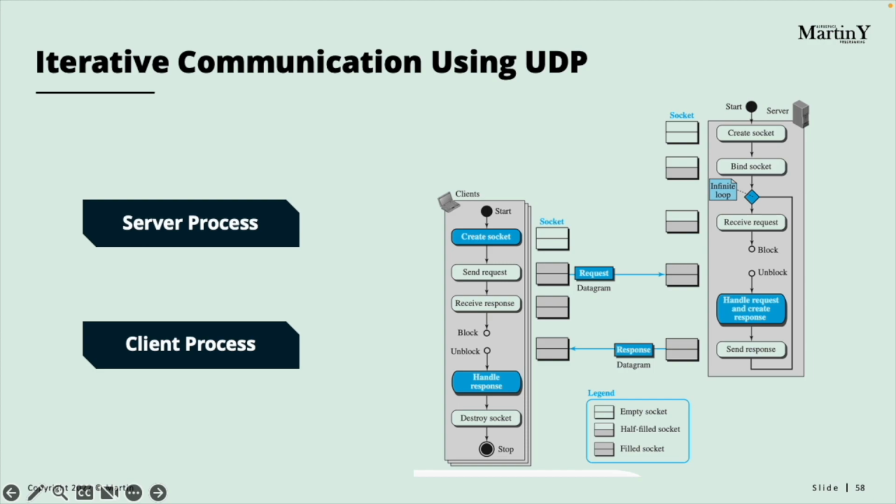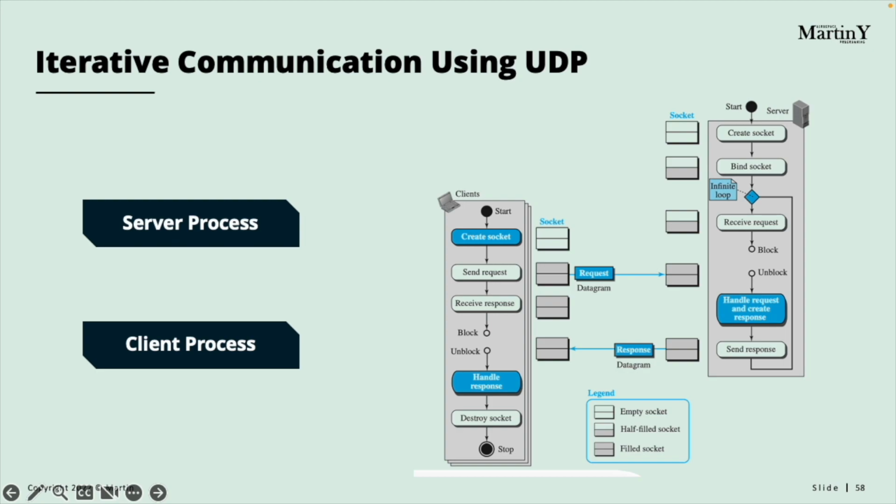On the client side, it's also very simple. So we create a socket. We need to know here our local address, and we already know the address of the server. Okay, we know it, we fill it, like we write the address of the web page that we want to access, and so on. Then we provide the request to the server. Okay, and after that, we're in block state until we receive a response.